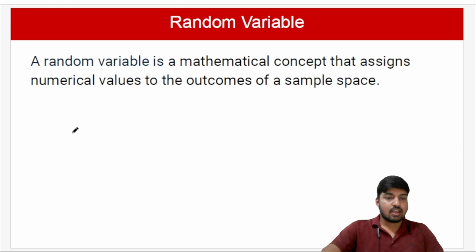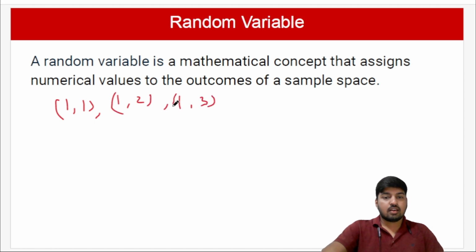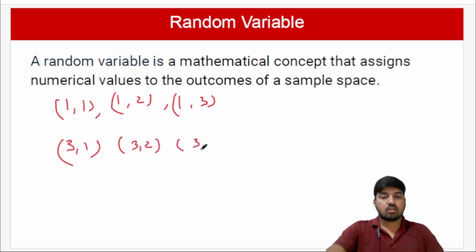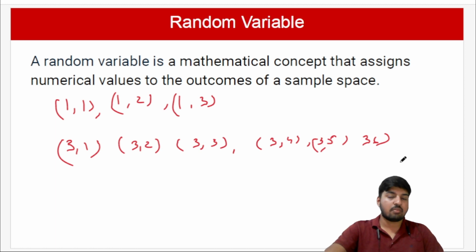Now if you write 1 by 1, 1 by 2, 1 by 3, up to that, I will write only the line of 3 because 3 is interesting for us. 3 by 1, 3 by 2, 3 by 3, 3 by 4, 3 by 5, 3 by 6. There are total 36 outcomes, but I don't worry about it. I want this because I know that the first event has happened and that is 3.